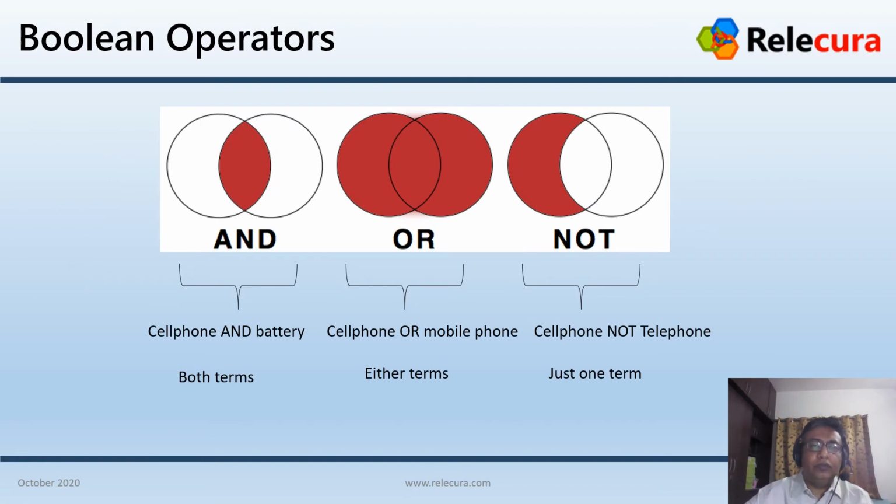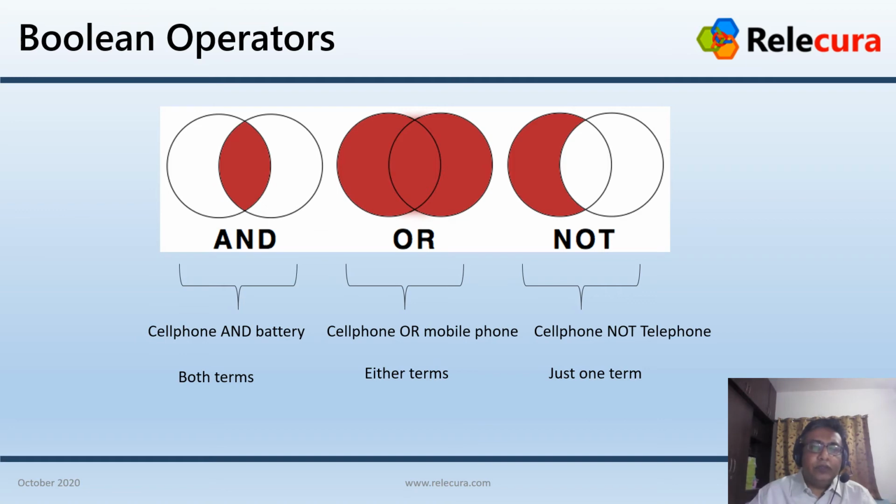Okay, so after learning about the parameters, we should also know what the operators are which are used and what is the meaning of each and every operator. Normally, if you go to any database, these Boolean operators are the prime operators which are used for patent searching.